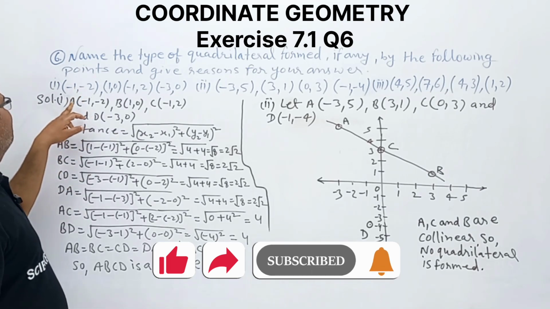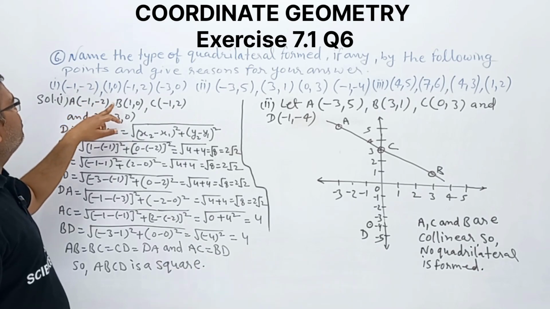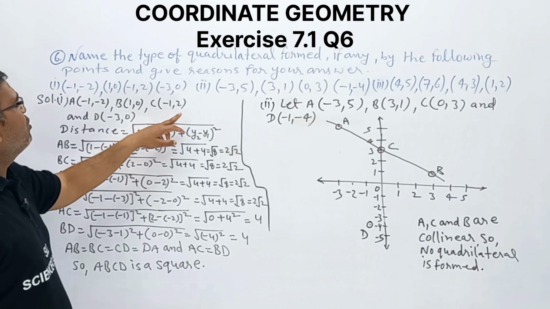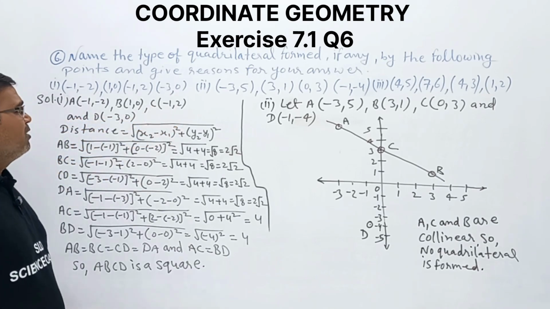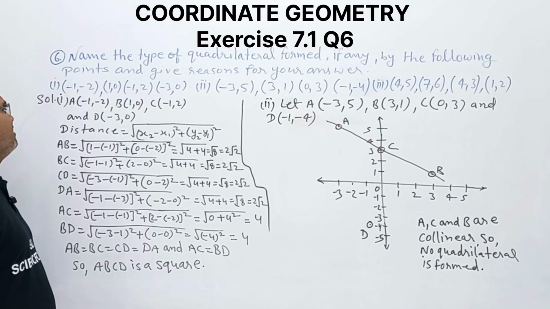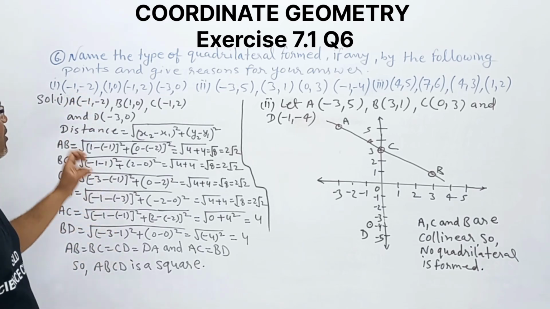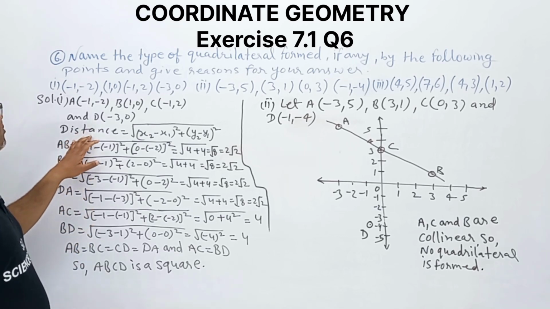We are assuming A is (-1, -2), B is (1, 0), C is (-1, 2), and D is (-3, 0). We want to find what quadrilateral is formed by using these points. So we will use the distance formula.